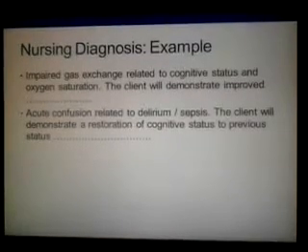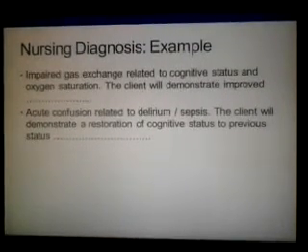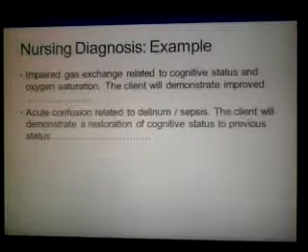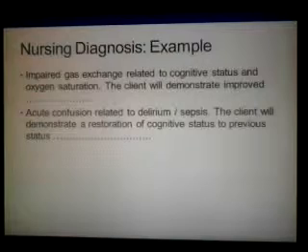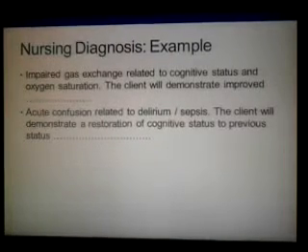Her respiratory rate will be 10 to 12. Similarly, acute confusion related to delirium or sepsis, the client will demonstrate a restoration of cognitive status to previous status.